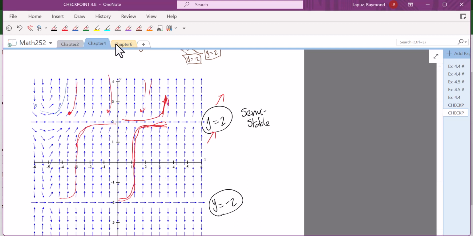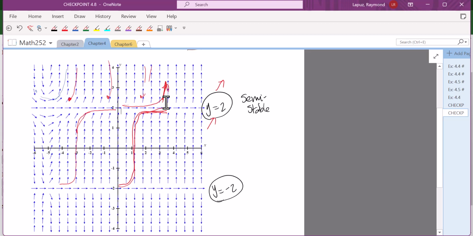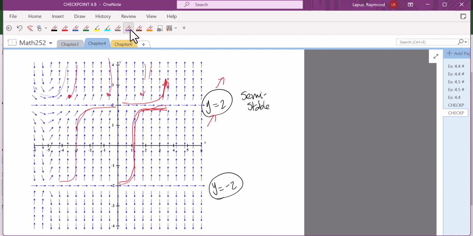All right, now let's take a look at the values if we were below -2. If we were to choose a value that's below -2, it looks like up here it'll go up, but then it comes back down again. So if we choose any other point, it looks like it'll be going down. So let's choose a point over here. It looks like we're going to be going down.